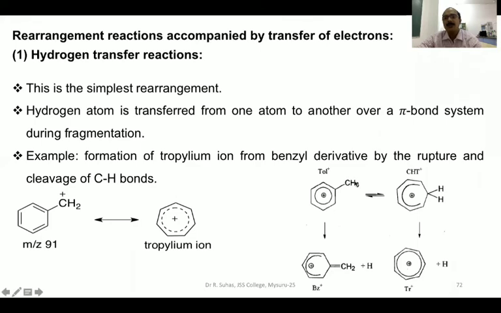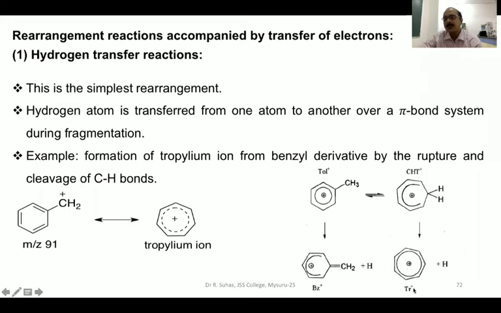How is the tropylium ion formed? Consider this as toluene. In toluene, one hydrogen is lost and it becomes CH2. This is the benzyl cation. For that benzyl cation, what happens? There will be a hydrogen transfer taking place, and it becomes a 7-membered ring instead of a 6-membered ring. In this case, one H will be lost and it forms the tropylium cation.